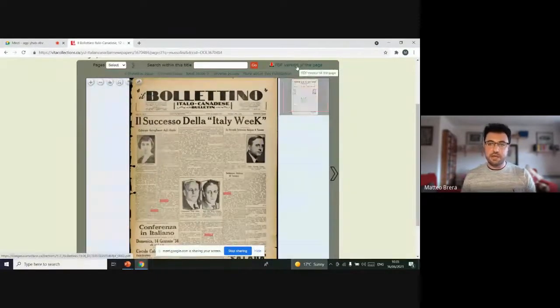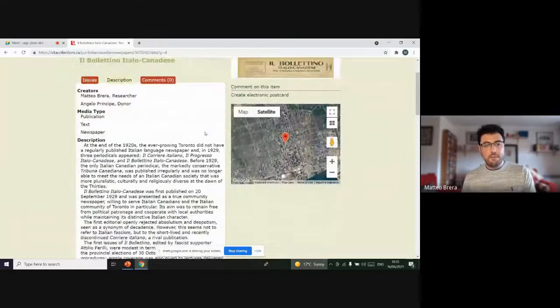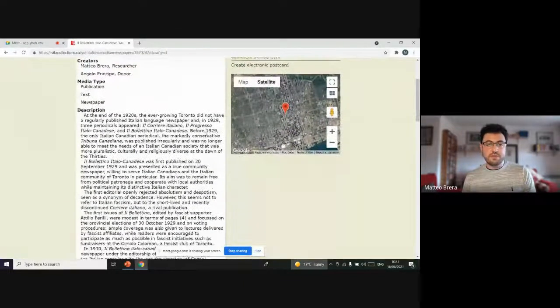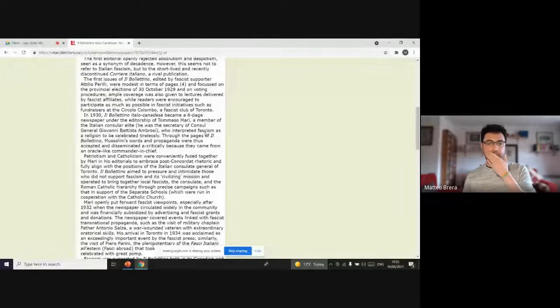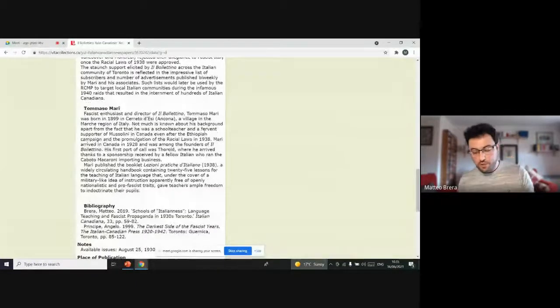Obviously, you can download the whole PDF of the page, again with the searched items highlighted if you need them, and you can get more information through the More About This Publication tab, going back to the main page, where there's a rather comprehensive description of the paper. Where possible and relevant, I have highlighted some of the notable people involved in the publication.